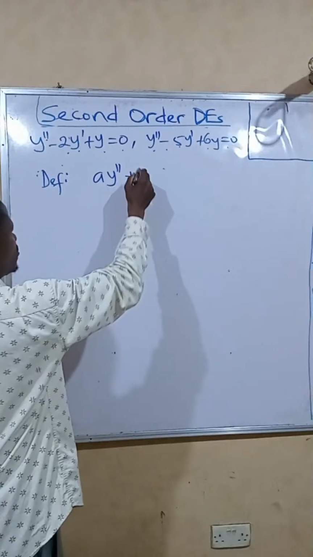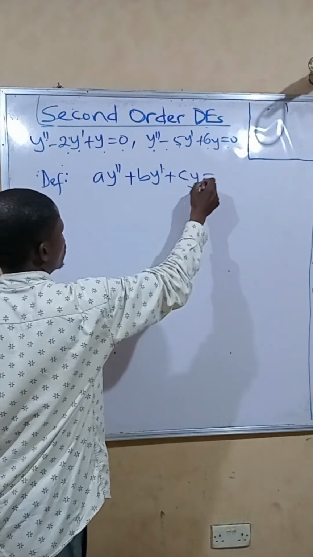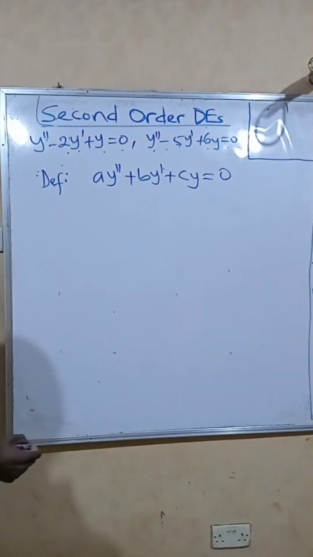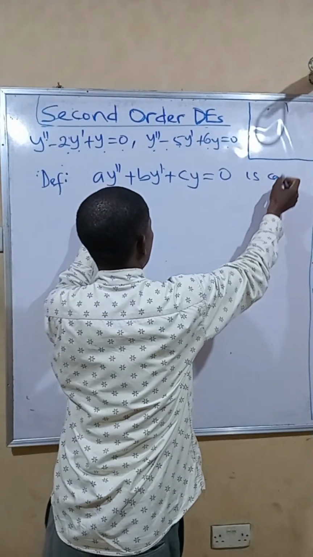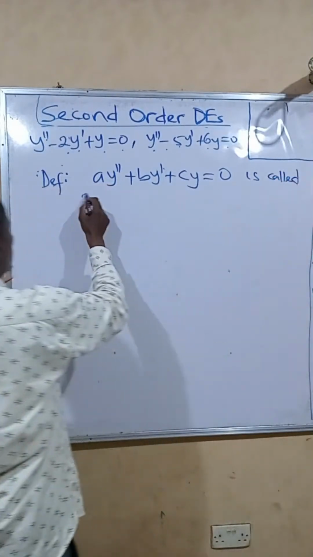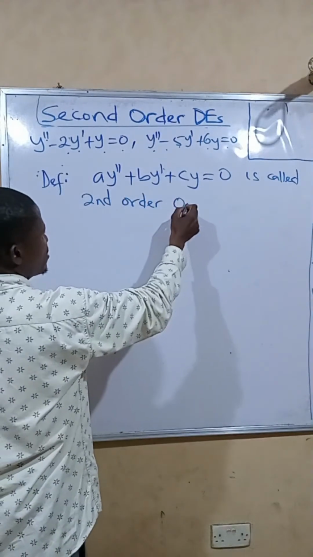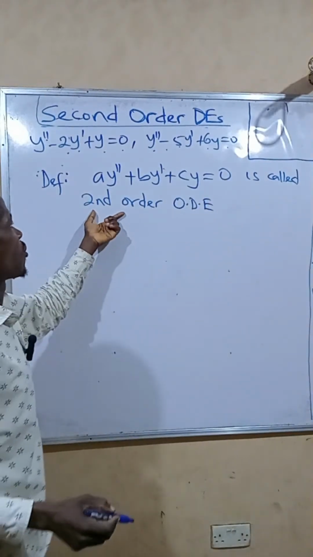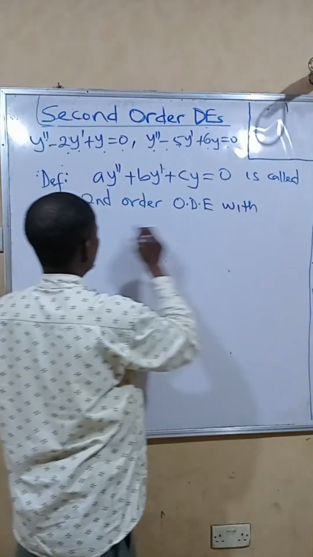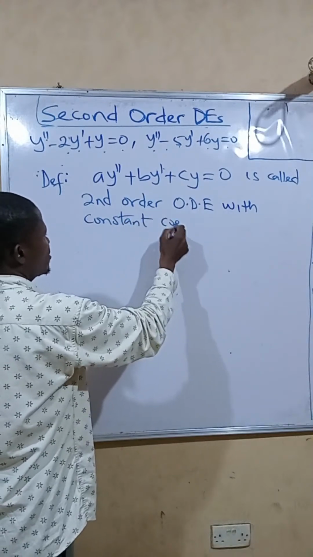a y double prime plus b y prime plus c y equal to 0. So this equation is called a second order ordinary differential equation with constant coefficients.